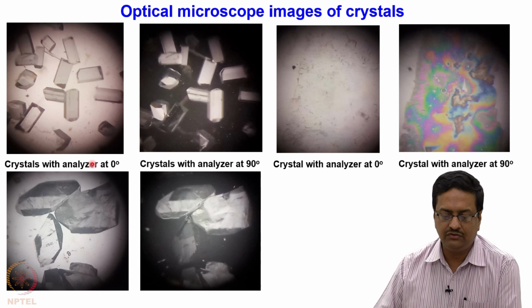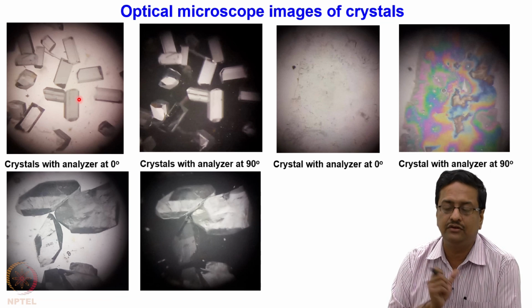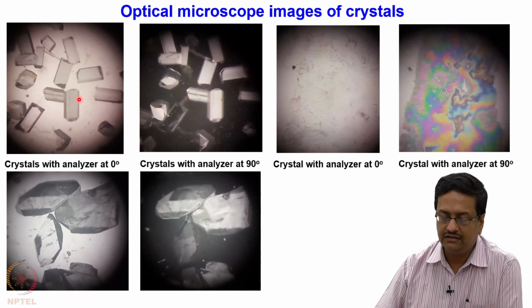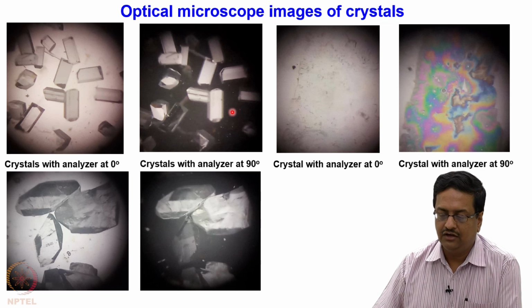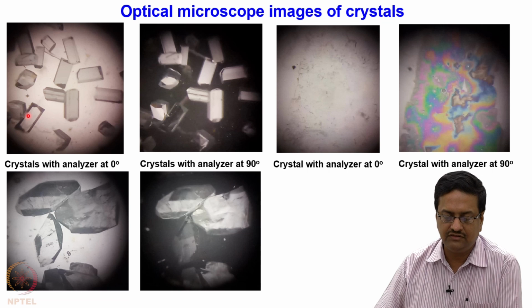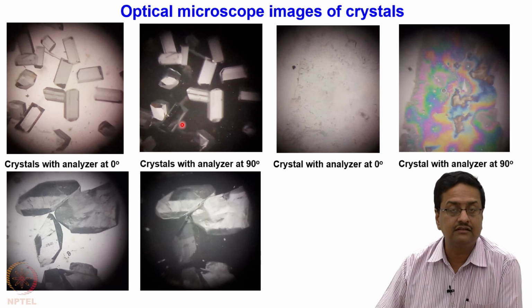Now when we rotate the analyzer by 90 degrees, the light passing through the bottom glass is blocked by the analyzer, and the crystal, which was looking very nice and transparent, is now totally dark.